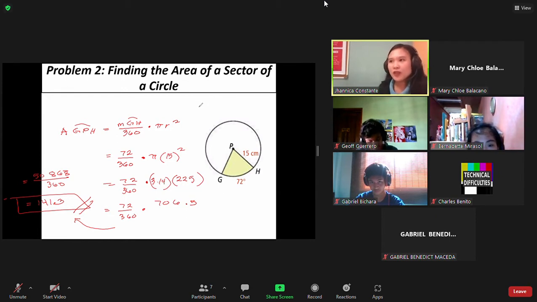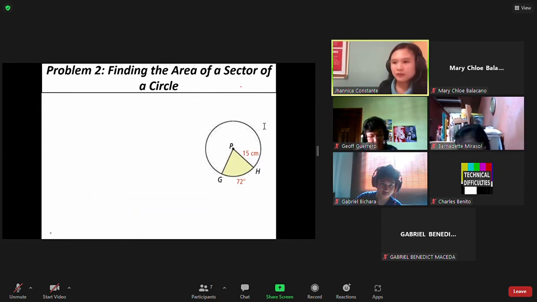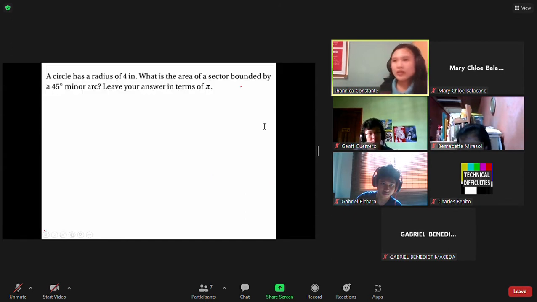So let's have another example for finding the area of a sector using the same formula, which is the measurement of the arc and the measurement of our radius. For this example, a circle has a radius of 4 inches.